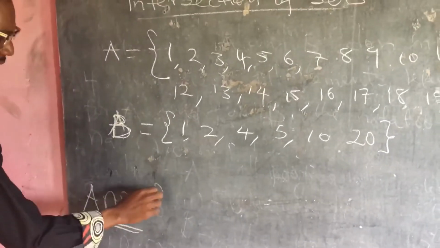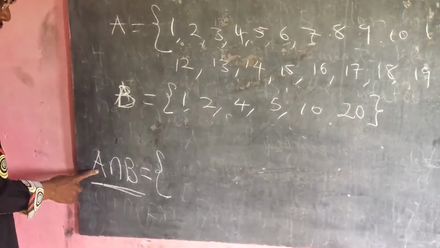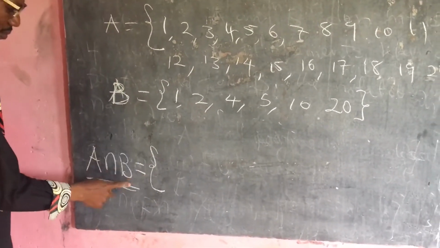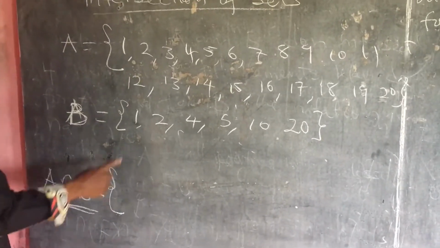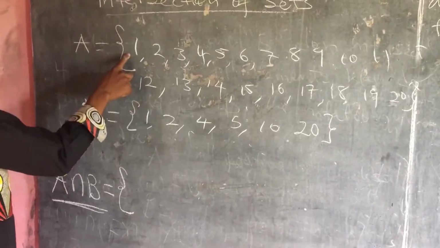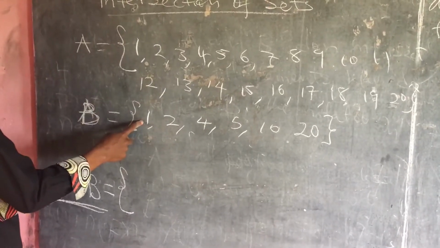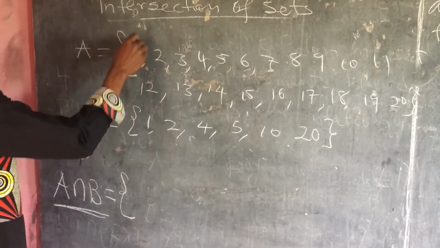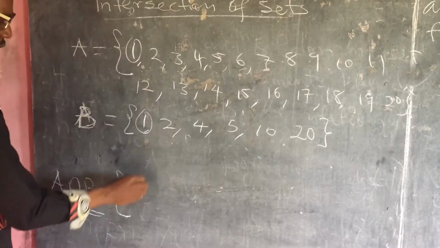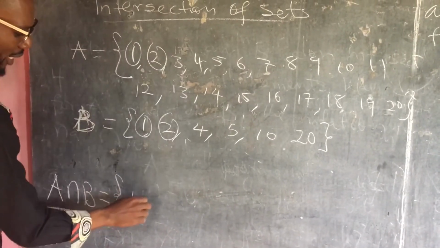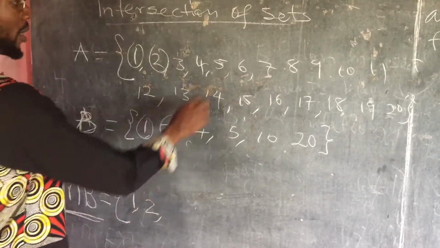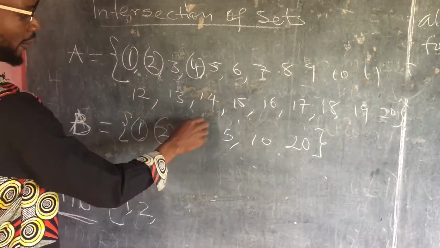Now to find this set of A intersection B, to find the element, then we go look for elements wey dey common here and here. So which elements be that one? I get 1 for here, I get 1 for here. So 1 is making it. I get 2 for here, 2 dey here. I get 4 for here, 4 dey here.